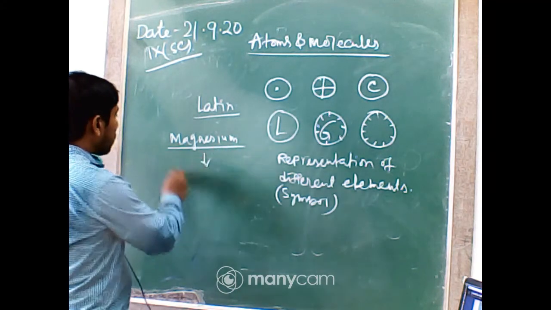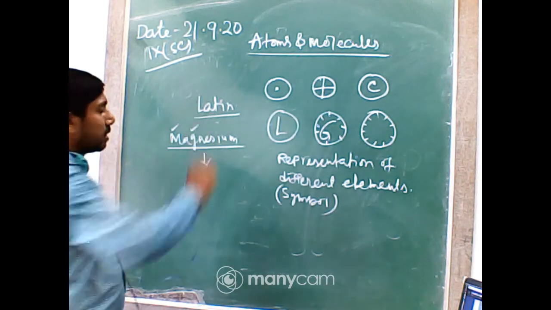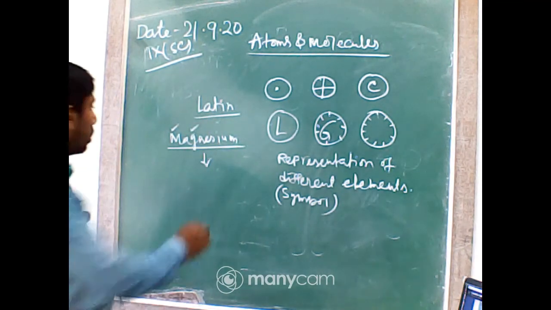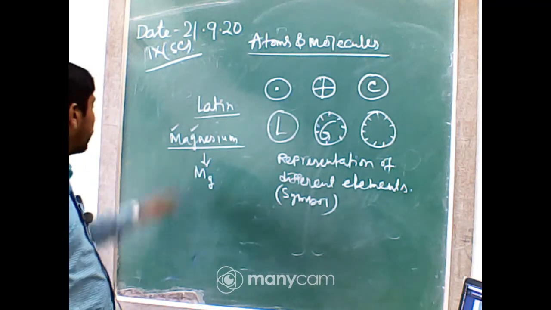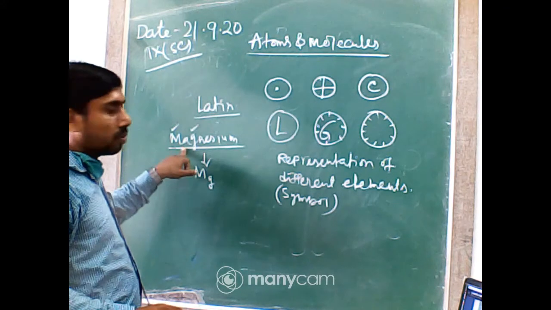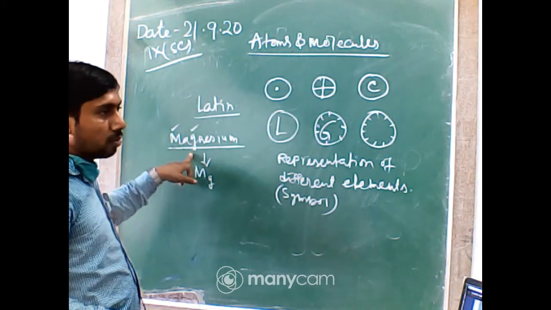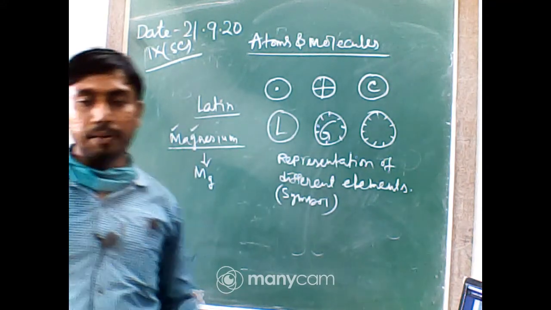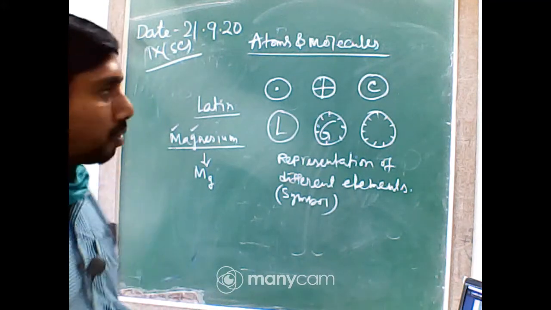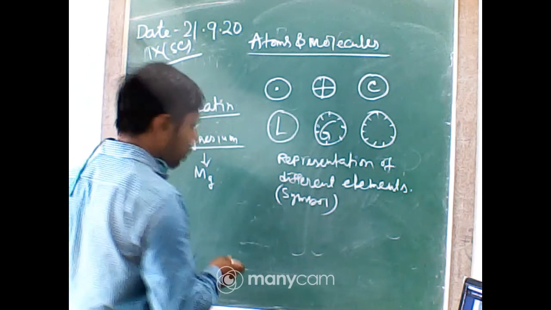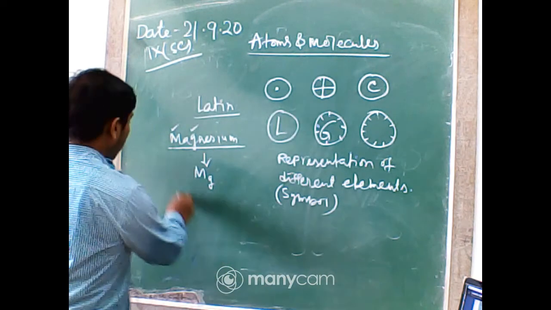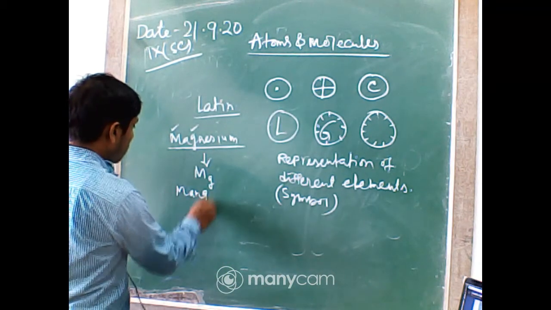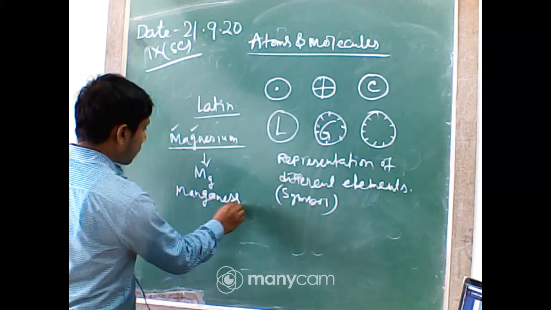Here the first letter and the third letter are taken as the symbol, so Mg will be the symbol. In that way, the first letter and the third letter are taken, as in the example. If a similarity is found between two, suppose magnesium and manganese.